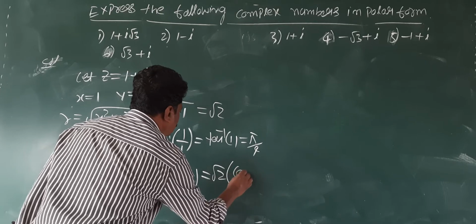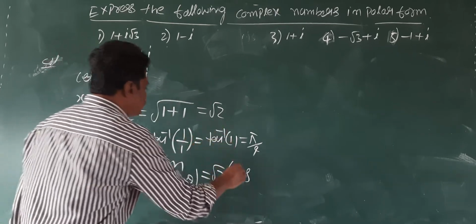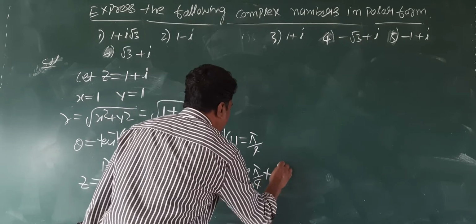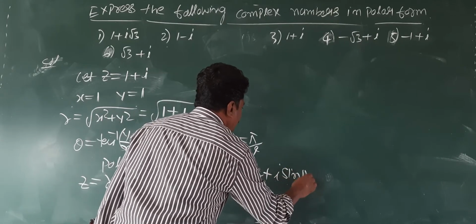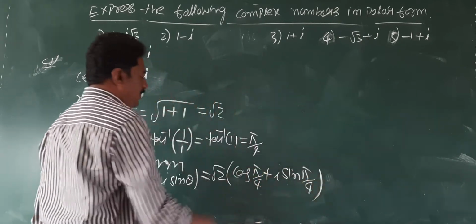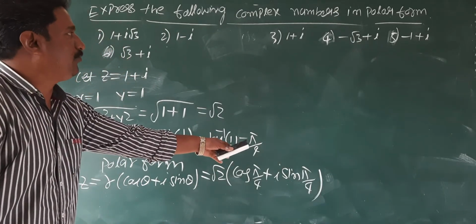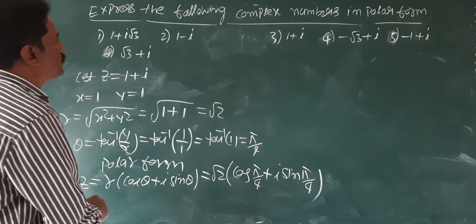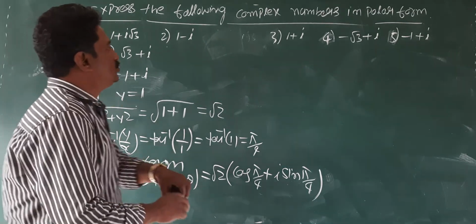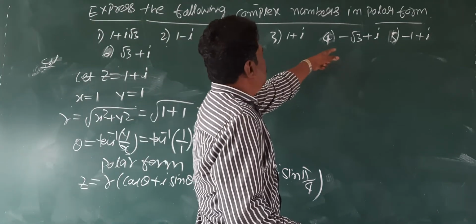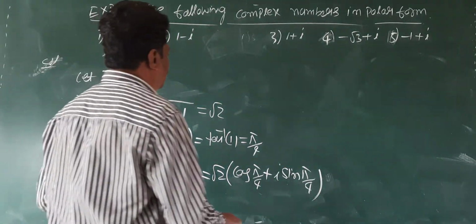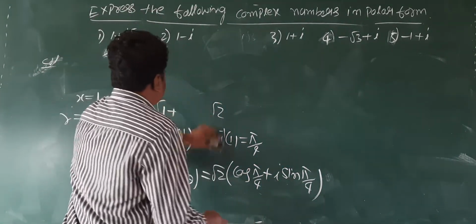So root 2 into cos pi by 4 plus i sin pi by 4. So we got the polar form. Let us solve one more question, students. I solve this fourth question, and the remaining questions you only try.